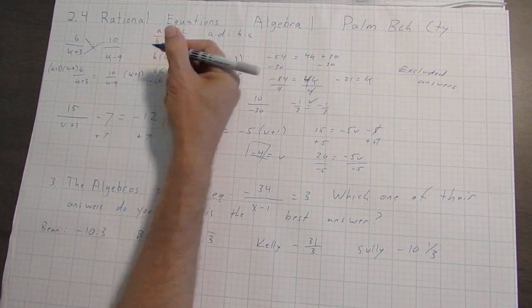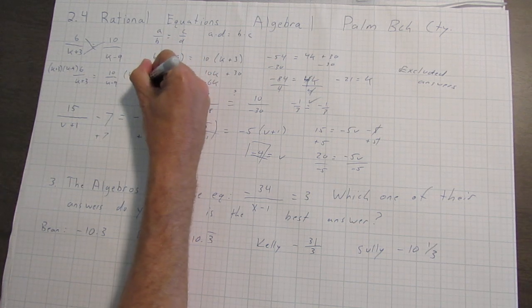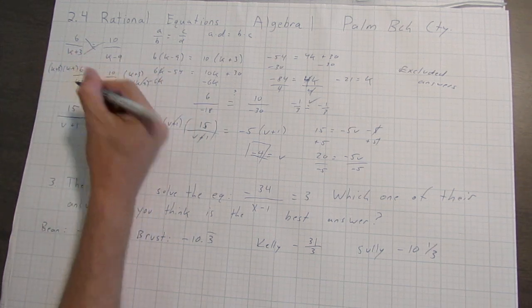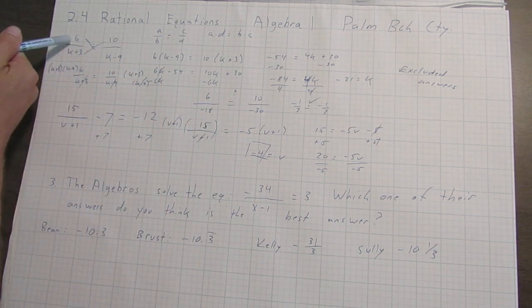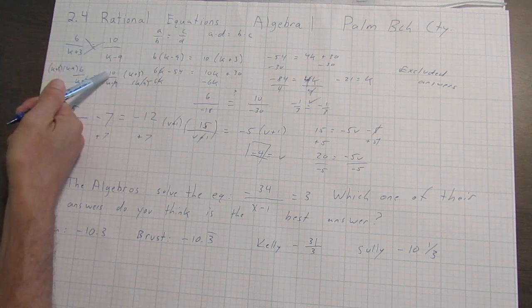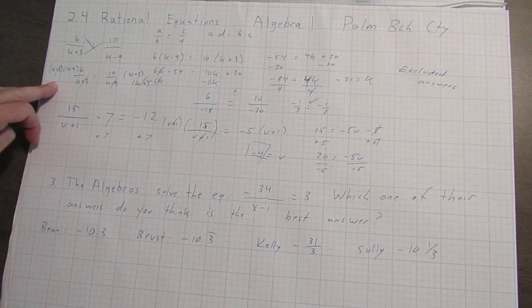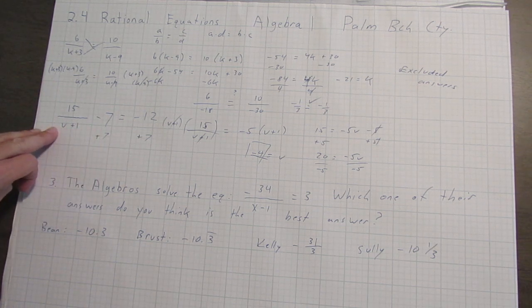But what happens is these cancel here, so you're left with what you would get if you just cross multiply. So we don't have to think of it in terms of this, because I could write everything in terms of v plus 1 over here, but that just makes it more difficult.